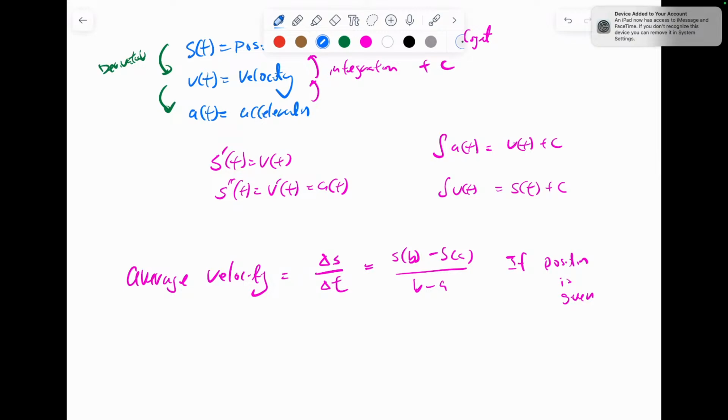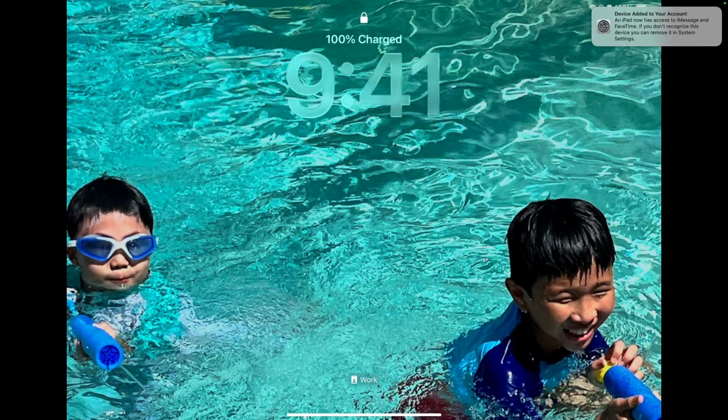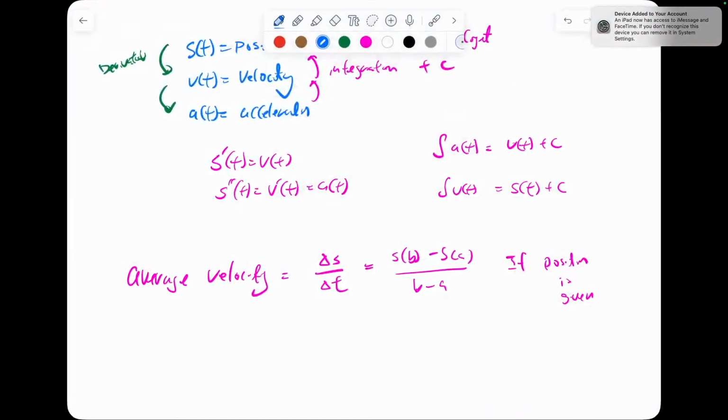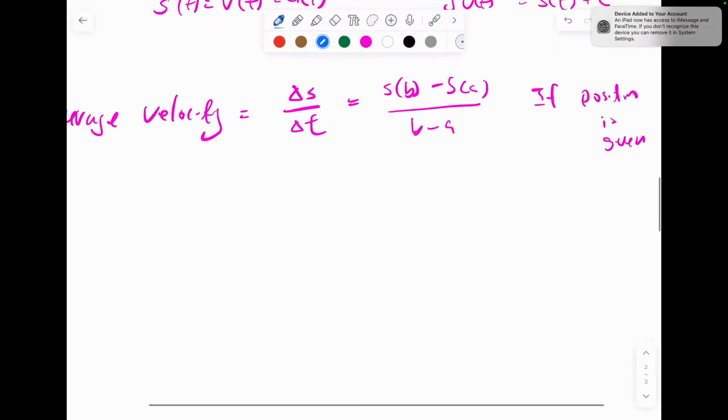All right, so average velocity. What if a velocity is given? How do I find average velocity if velocity is given? And then you do the equation from there. Samuel is kind of smart. Samuel says, I can do the average value of velocity.